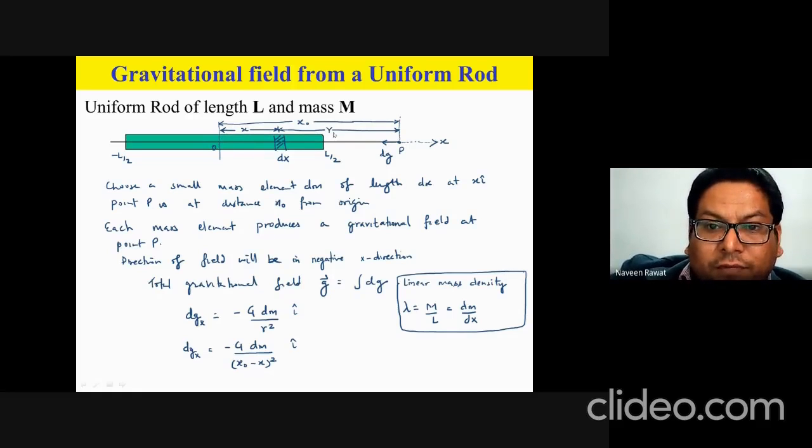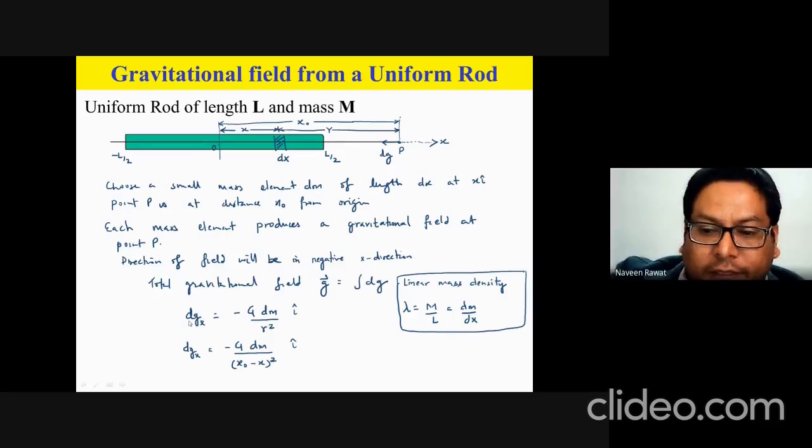Instead of writing G dm by r square, where r is the distance between the mass element and the field that is getting created, we just write x0 minus x. So minus G dm by x0 minus x the whole square. That is our value of dg, the intensity coming from this.